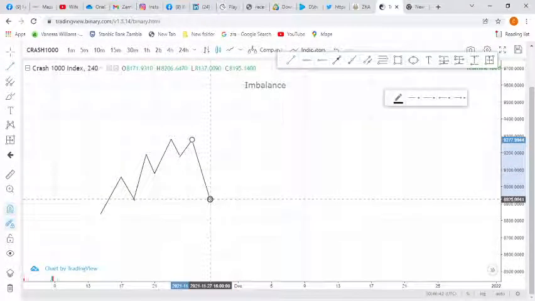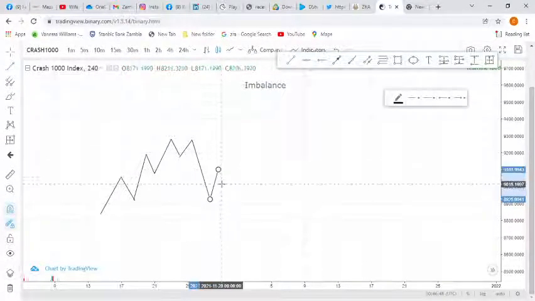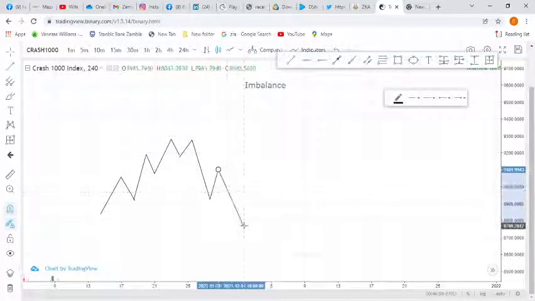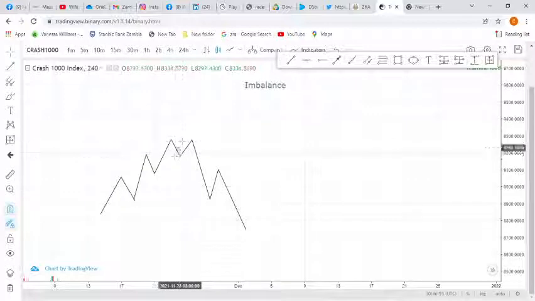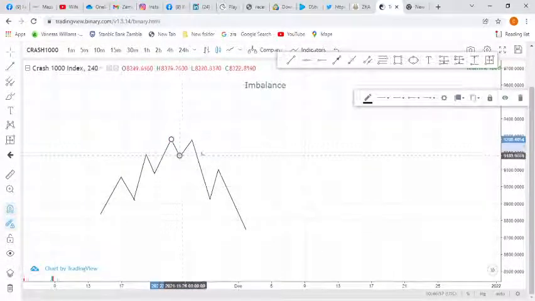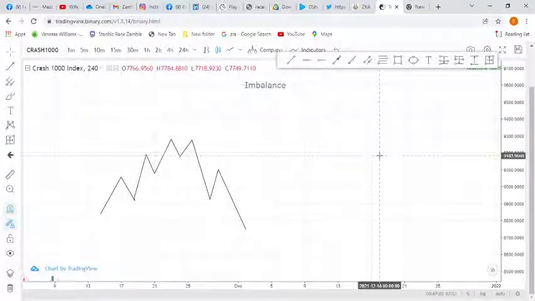Maybe the market pushes very fast down, then comes like this, then moves like this. Sometimes the market may move in such a way, and if you notice such movements, you spot what we call areas of imbalance.